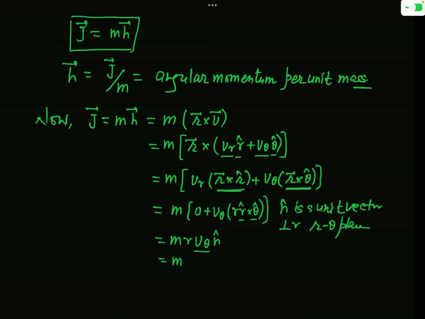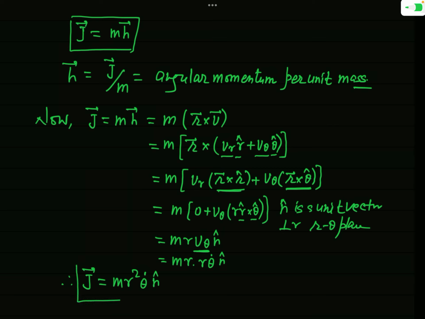Now what is the expression for V theta? You have studied in the previous lectures, where I dealt with velocity and acceleration, that this transverse component of velocity V theta is given by r theta dot. So finally we get that the angular momentum vector of a particle moving in a plane is equal to m r square theta dot times n hat.